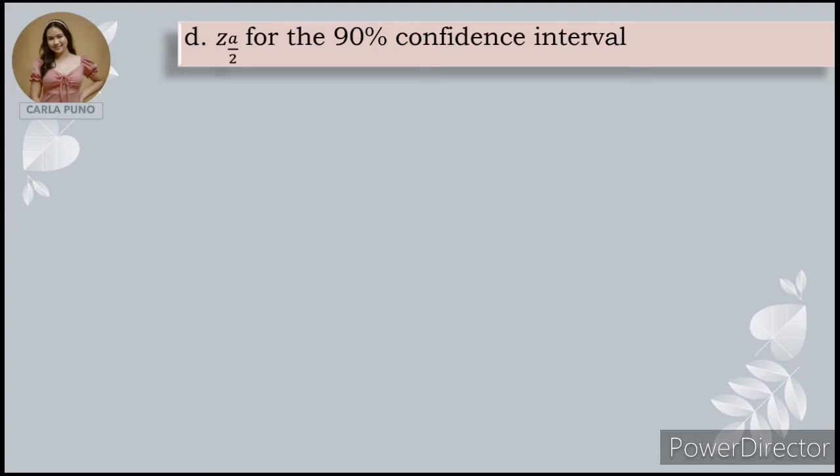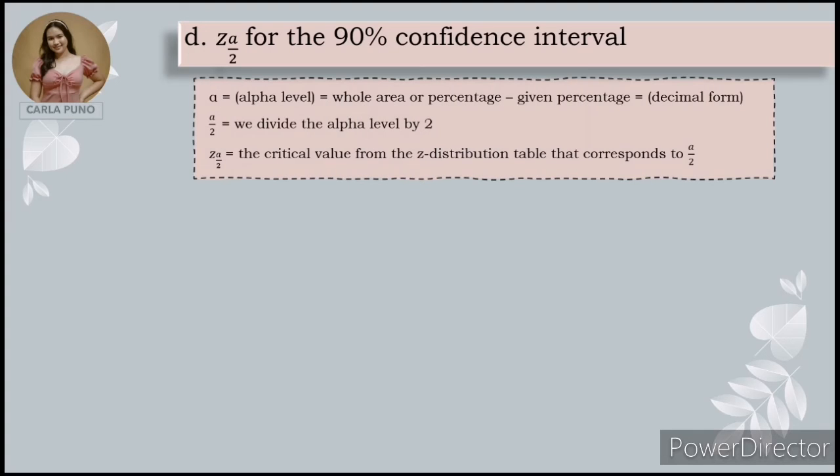Next, we have letter D, z sub alpha divided by 2 for the 90% confidence interval. Again, for alpha, we have 100% minus our given percentage, 90%, equals 10%. And then we divide by 100 to get its decimal form.